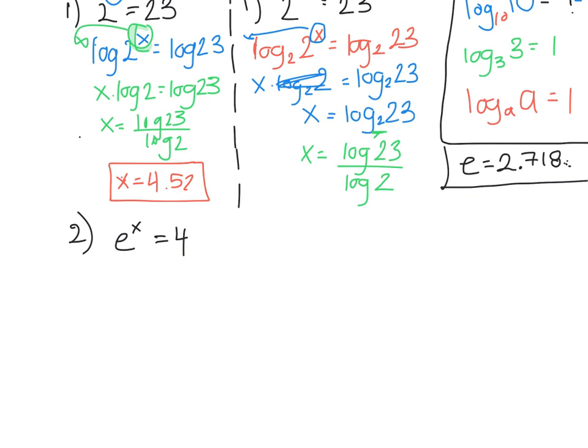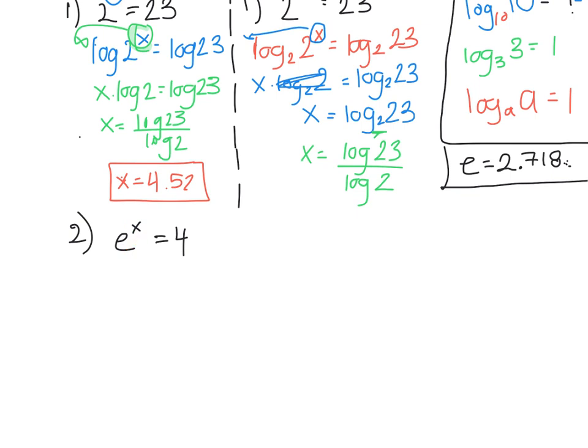So that's the problem we're solving: 2.718 raised to what power equals 4. Well, let's think about this logically. We know that e is almost 3, so x cannot be any greater than 2. It can't even be 2, because 2 squared is 4, so 2.718 squared is going to be larger than that.